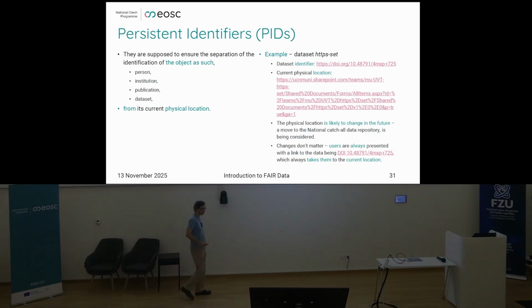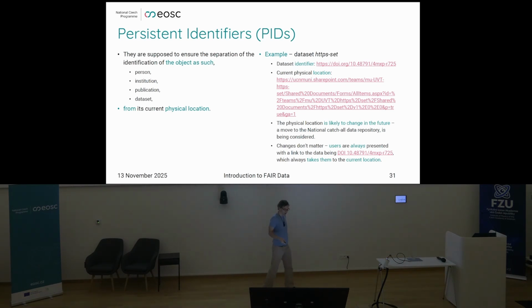So it's quite universal. The thing is, data files or articles are not the only objects I need to identify. You also need identifiers for persons, institutions, publications, datasets, for example, some instruments, some physical samples in, for example, a biobank, etc. So a lot of different examples.